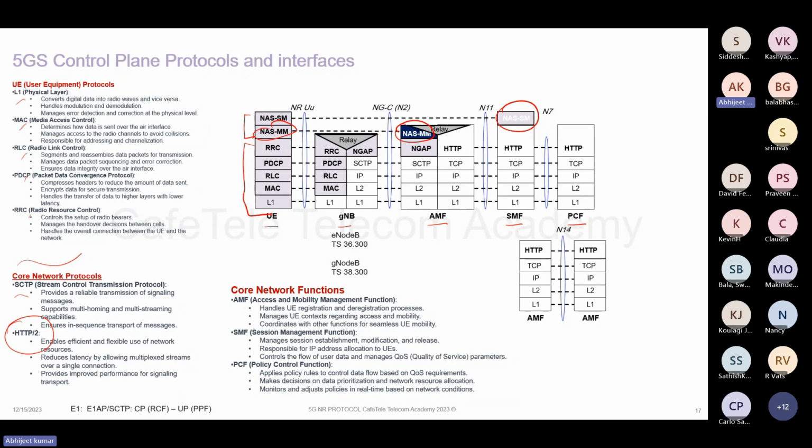HTTP2 is basically a kind of modern protocol, an internet protocol that you also use. Like on the internet, we are using HTTP2. Right now the 5G core is completely cloud based, so that's why they wanted to use this kind of protocol. Okay.